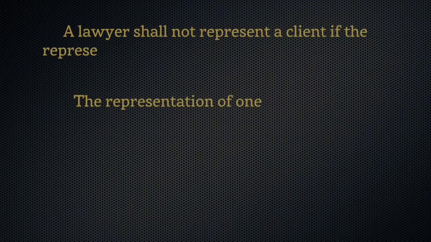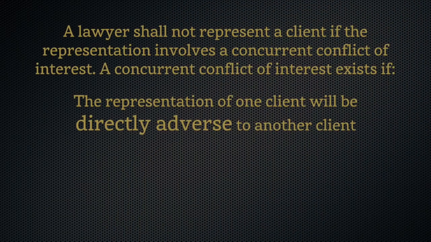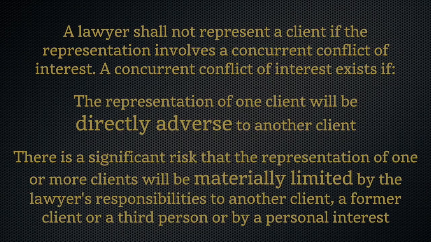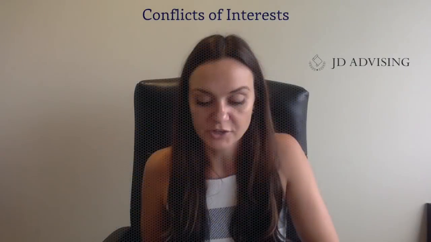The second way in which we see these current client conflicts is if there's a significant risk that the representation of one or more clients will be materially limited by the lawyer's responsibilities to another client, a former client, or a third person, or even by personal interests of the lawyer himself. So turning to an example here, let's say a lawyer is asked to represent several individuals seeking to form a joint venture.